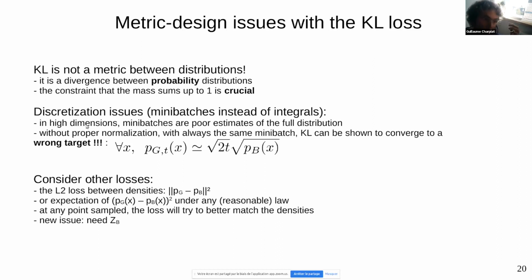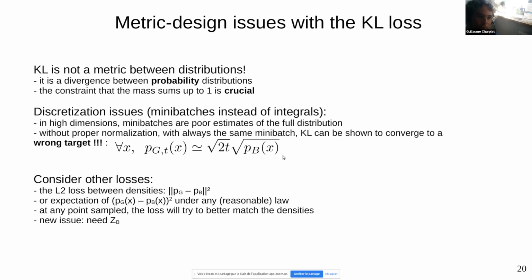If you just naively discretize into mini batches and compute the KL divergence, forgetting that you have to put probabilities there, then you get something very fun that you can prove in a few lines: if you always take the same mini batch, then the Kullback-Leibler divergence between what you generate and the target on that mini batch is not going to converge to the right quantity. It's going to behave like this. It makes no sense, basically.